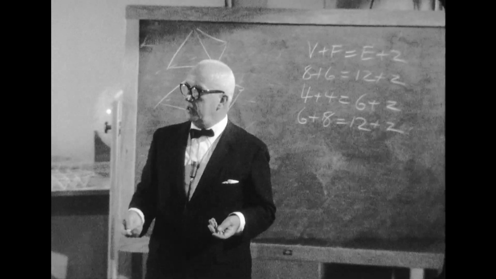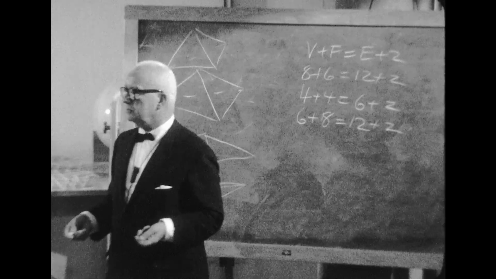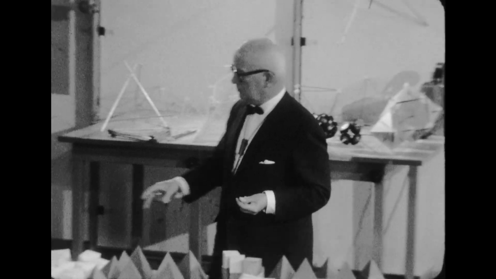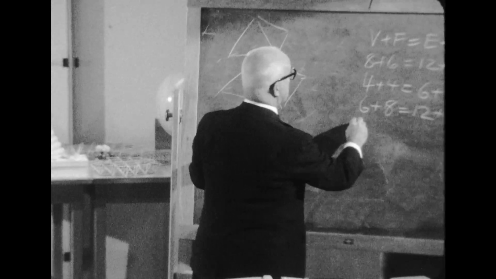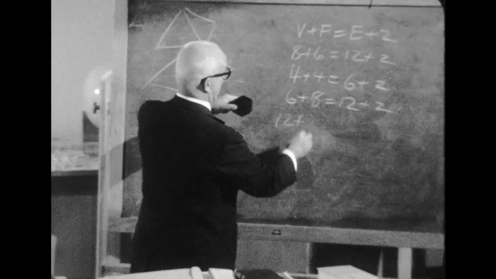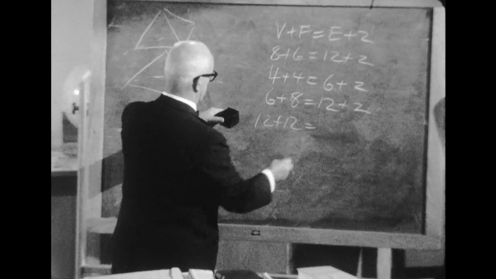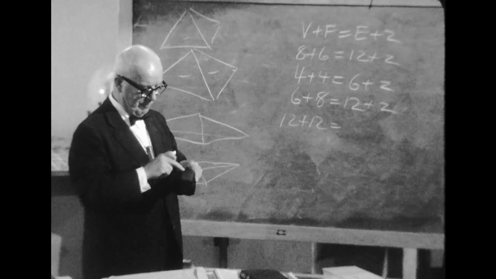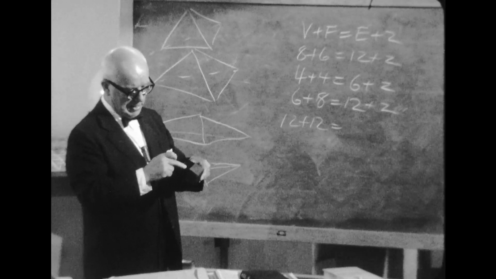The rhombic dodecahedron has... plus 12 faces equals number of edges. 1, 2, 3, 4, 5, 6, 7, 8, 9.